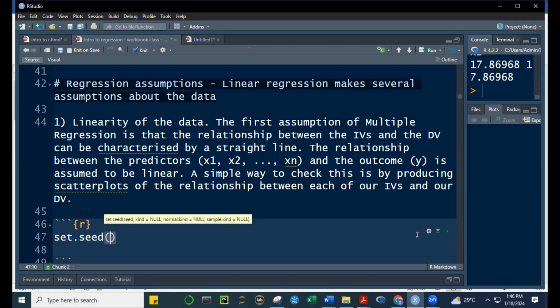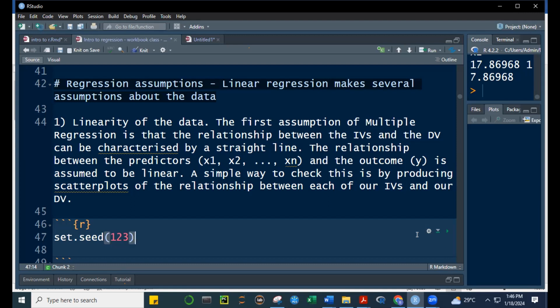Since we will be simulating data and generating random numbers, so that our data are the same, we use set.seed. It is a random number generator seed to make our random numbers the same. Let's just set a seed, any number, let's use 1, 2, 3. Then whatever random numbers we generate, we will all get the same.